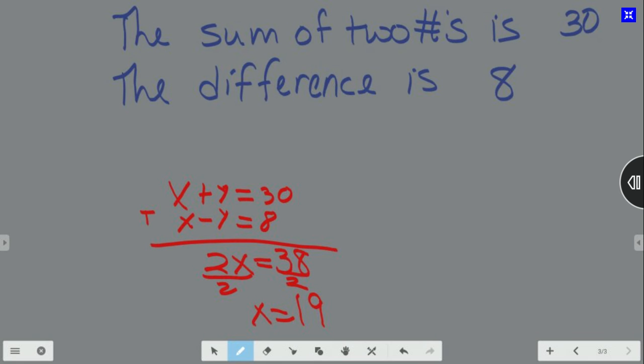All right, and then 19 plus y equals 30. Subtracting that 19. And y is equal to, yes? Yes. I do have one of those on your benchmark, guys.